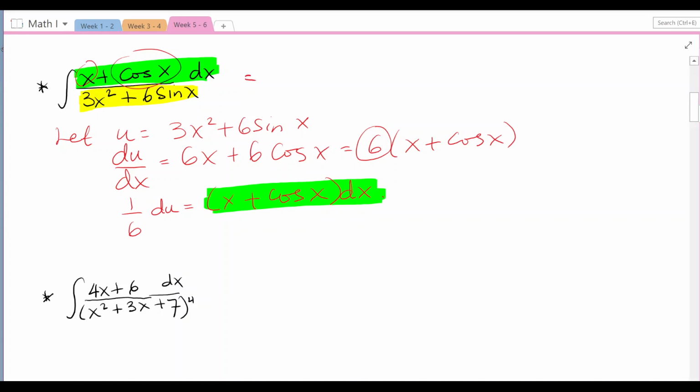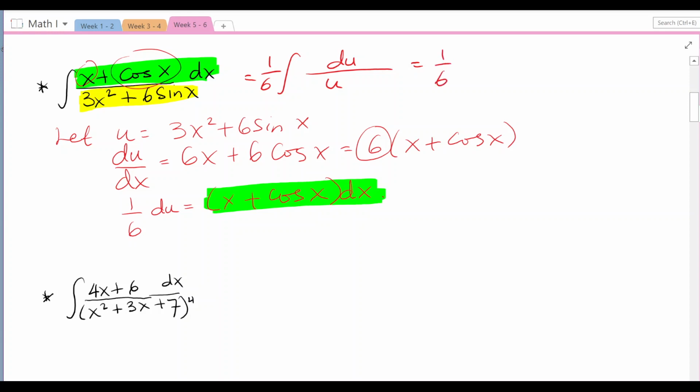So the integral of (x plus cos x) dx equals 1 over 6 du. We take the 1 over 6 and the du out, and the bottom is 3x squared plus 6 sin x, which equals u.